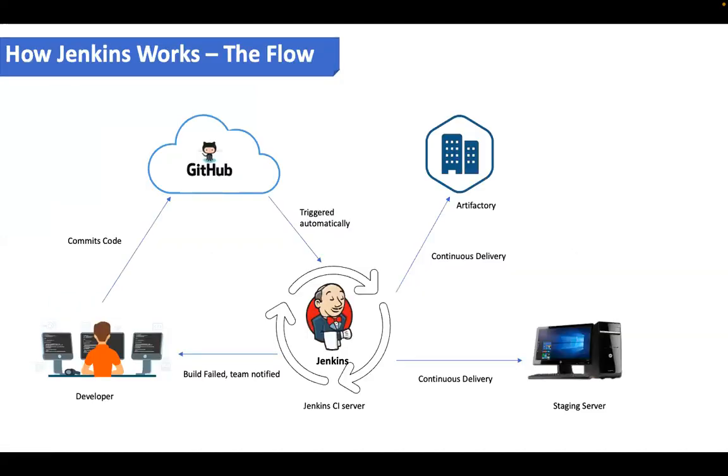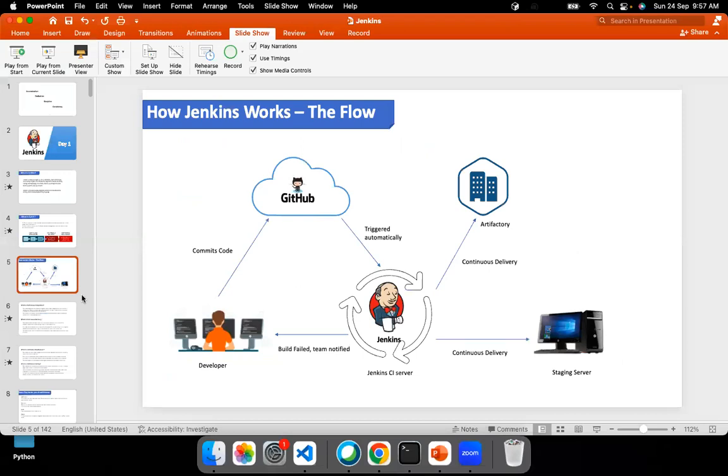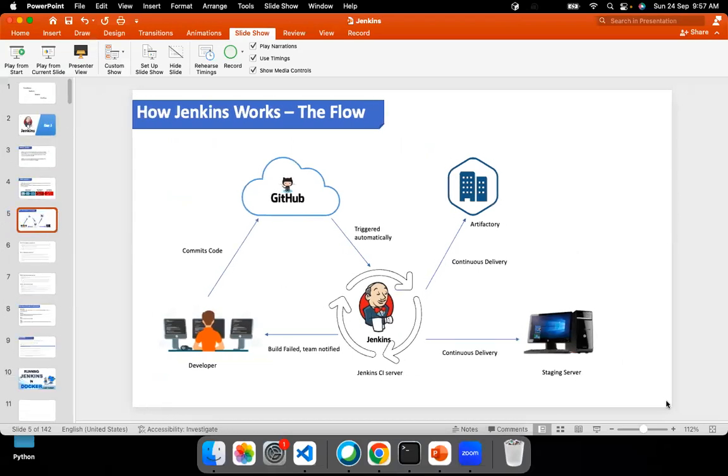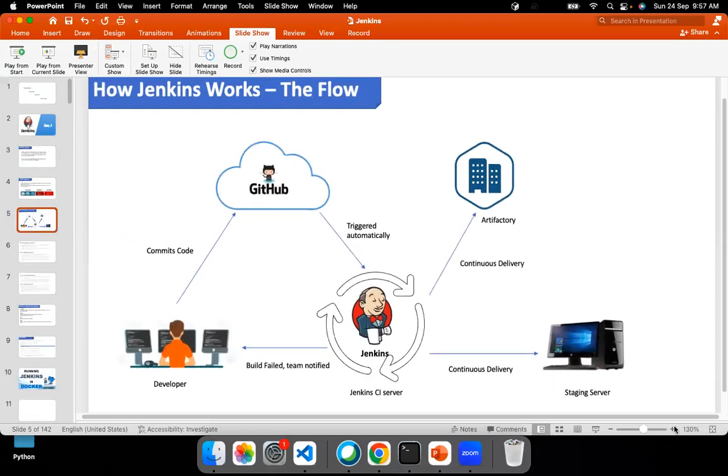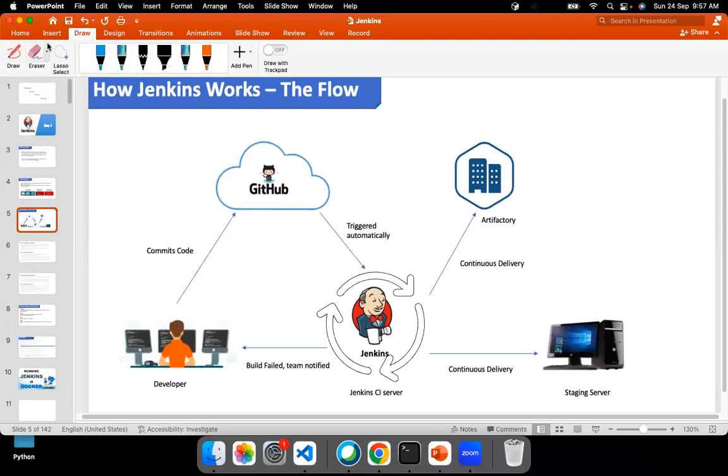If you see this particular diagram here, let me explain by drawing it. The things I just explained, what will happen? If I go here, the development, this is the development people.